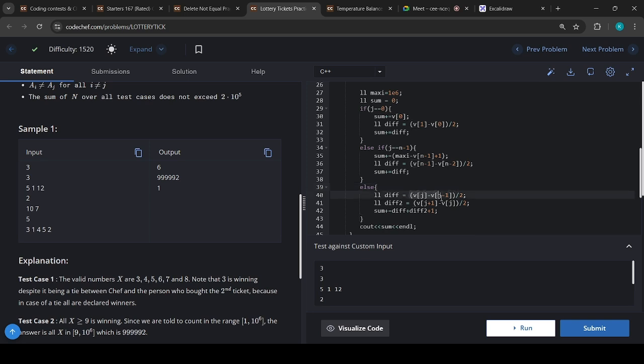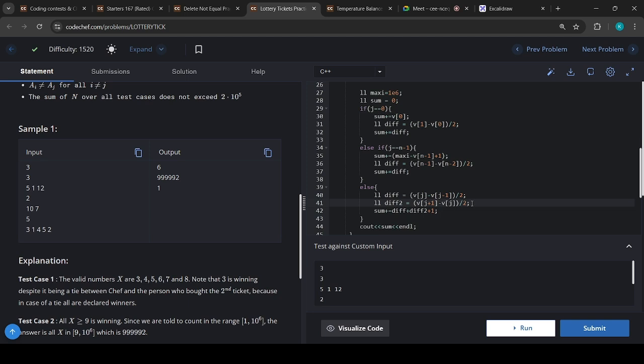So I am calculating first this, so that I am minusing the previous element and dividing it by 2. So we will get how many numbers there are up to which chef will win that lottery. And I'm minusing the number which chef has taken and the next number, and dividing it by 2.